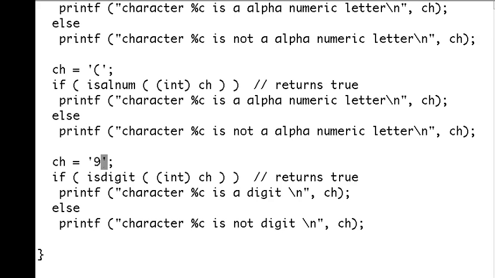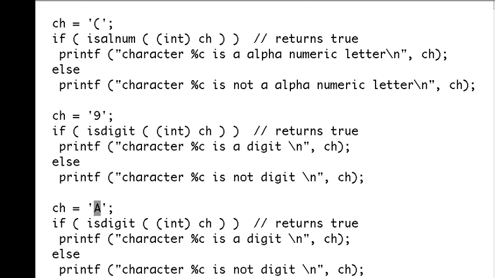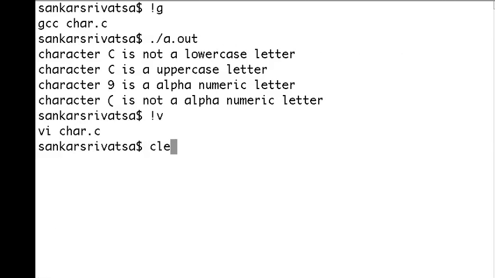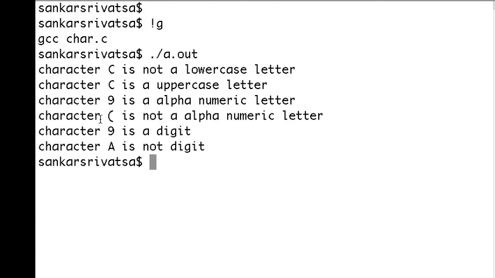So I'm going to send number 9. All right, let's also do, let's say, uppercase letter A. So we're testing number 9 and letter A. If you do it, number 9 is a digit, letter A is not a digit. See that? So this is the way you call these functions.